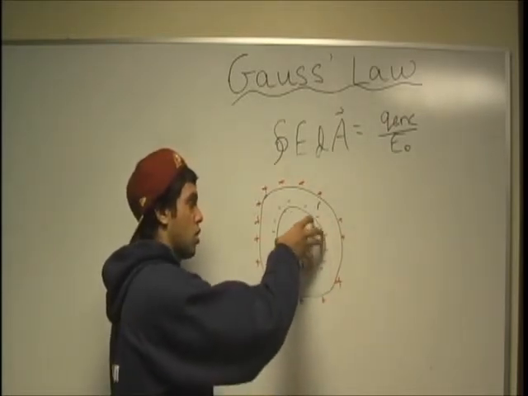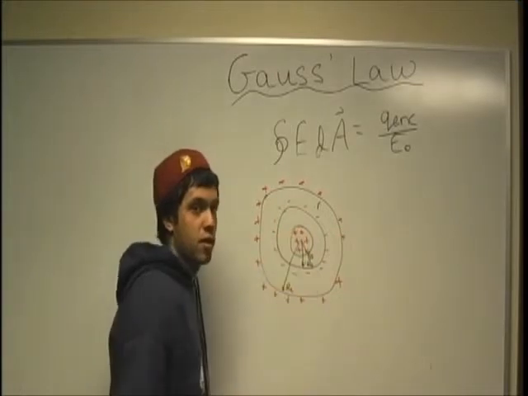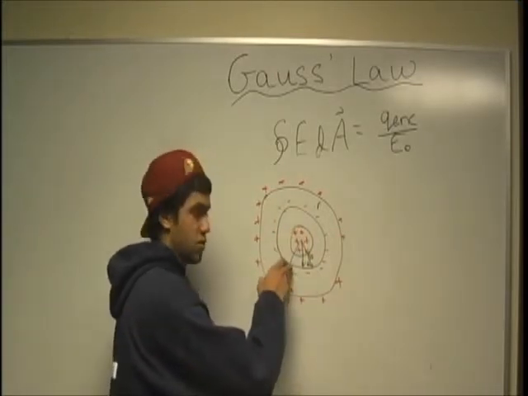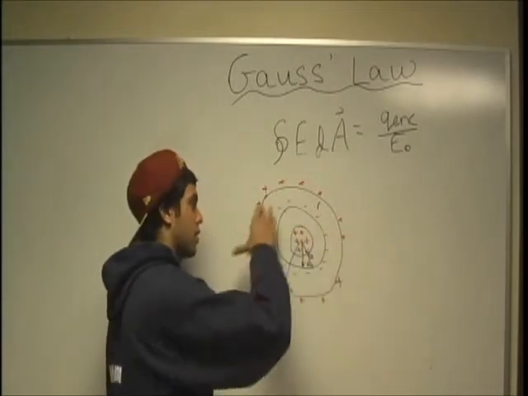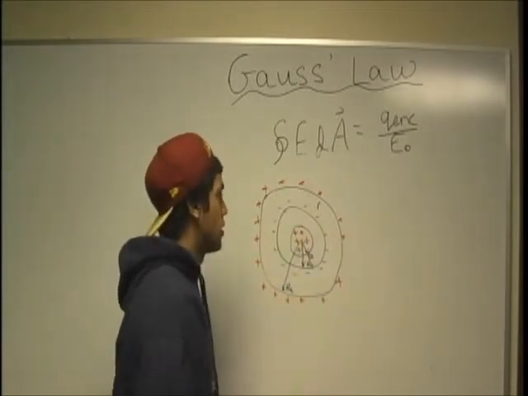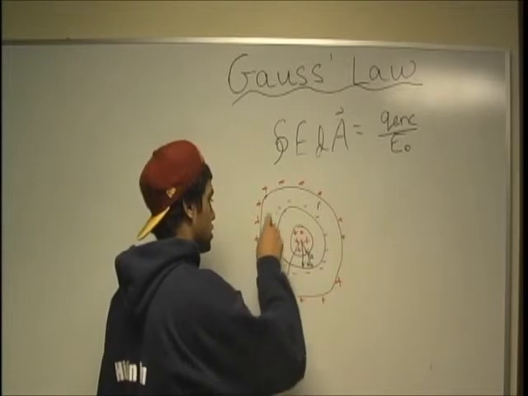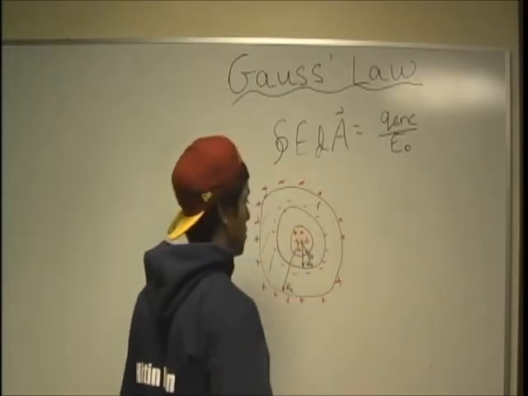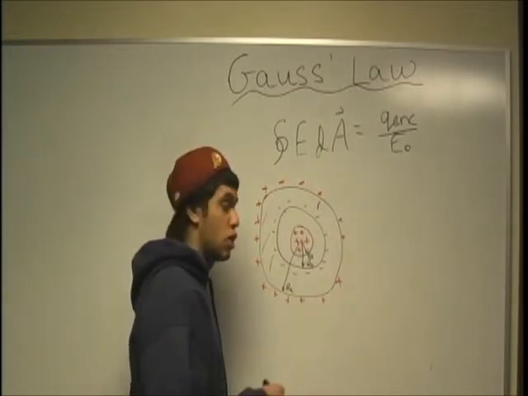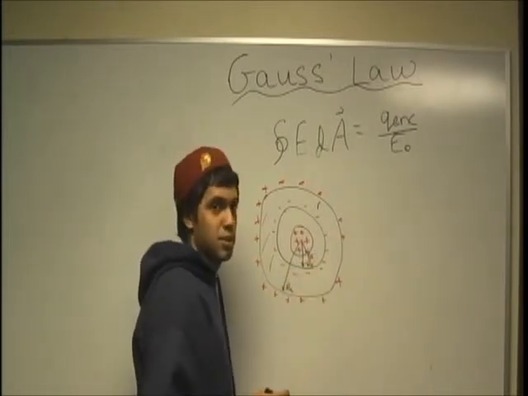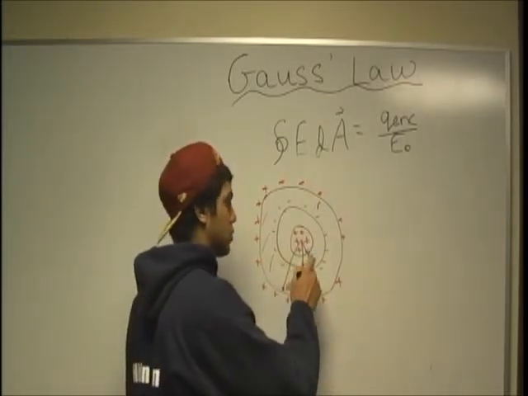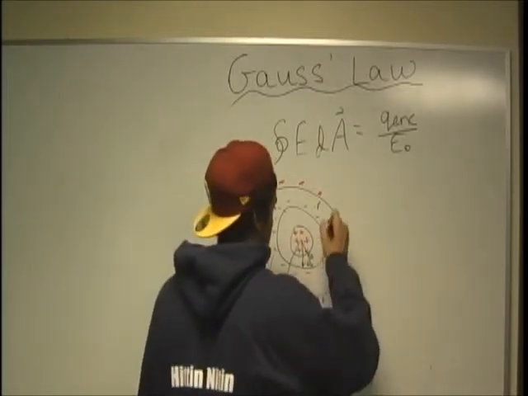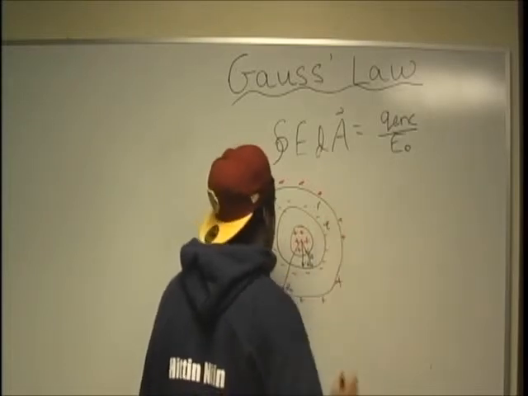So all this area is going to be negative, and what that does is, again, induces a positive charge on the outside. So there's, again, no charge inside here. So the charge inside here has to be equal to the charge inside the sphere. So this is basically going to be equal to negative Q.